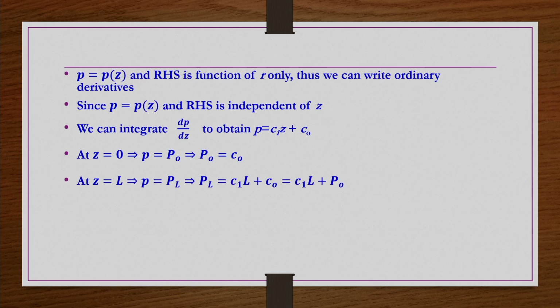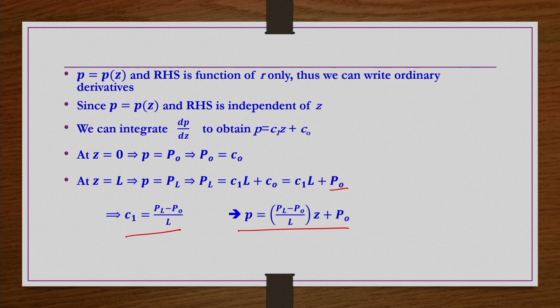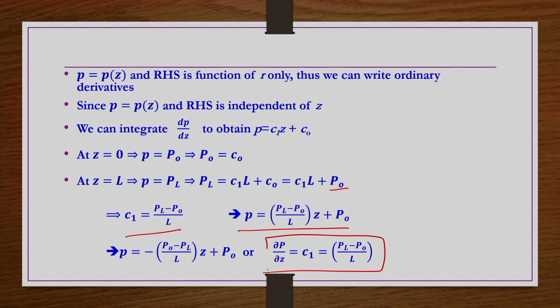At z equals L, P is equal to PL, so PL is equal to C1 L plus C naught, and C naught is P naught. So, C1 is equal to PL minus P naught by L. That means P is equal to minus delta P by L z plus P naught, or dou P by dou z is equal to the constant C1, which is minus delta P by L.